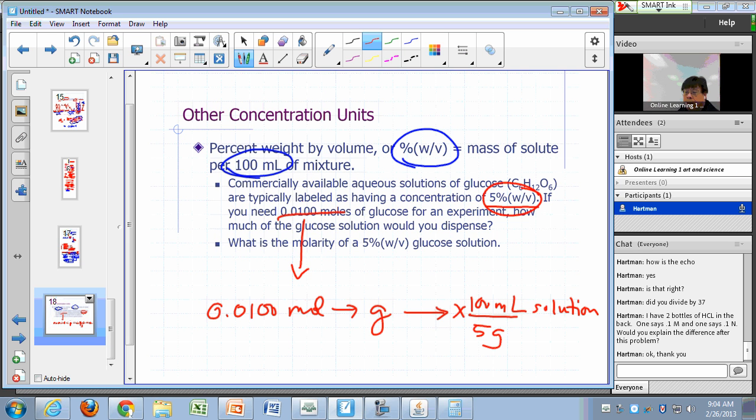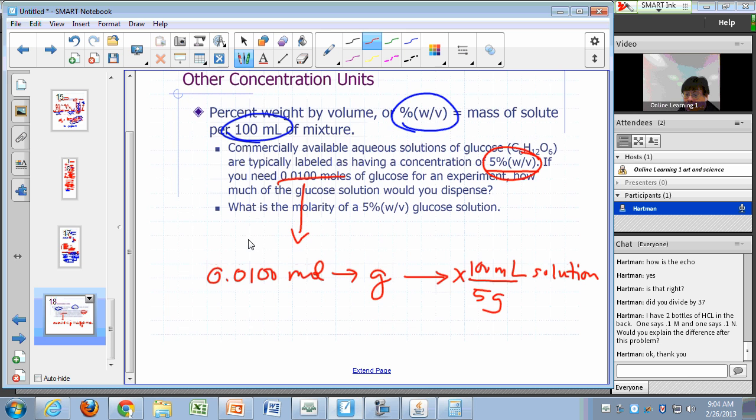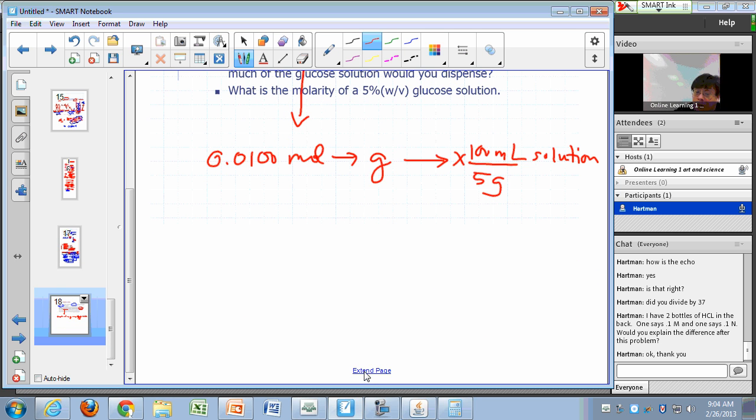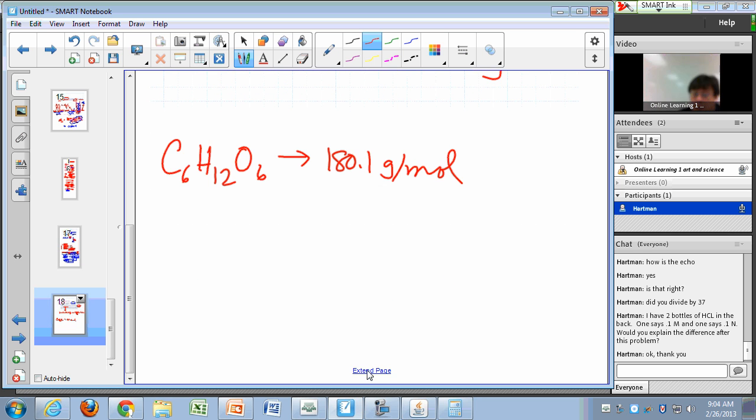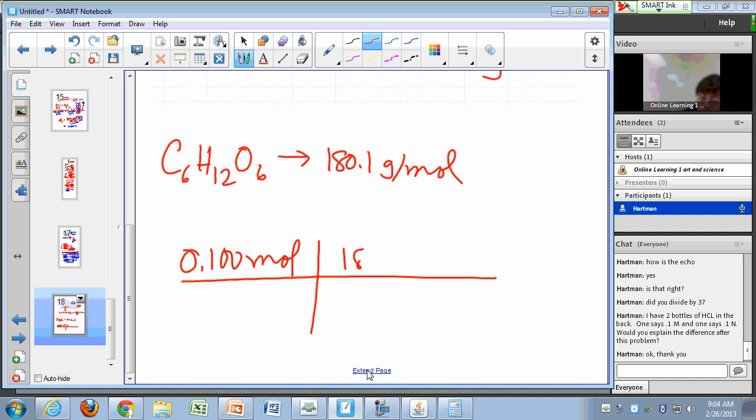So let's do that. What's the molar mass of glucose? C6H12O6, and that should give you 180.1 grams per mole if you did that. So change moles to grams, 0.100 moles times 180.1 grams per mole.